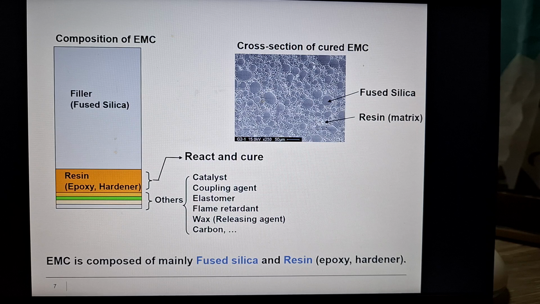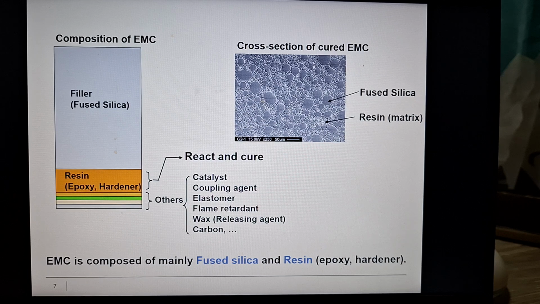So for EMC, this figure on the left side, imagine that it is one pellet, one tablet that I have shown earlier. If you can see, the majority of the composition is fused silica, or a filler. By the way, when you say silica, what comes into your mind? Its scientific name is silicon dioxide, SiO2, which in layman's terms comes from sand.